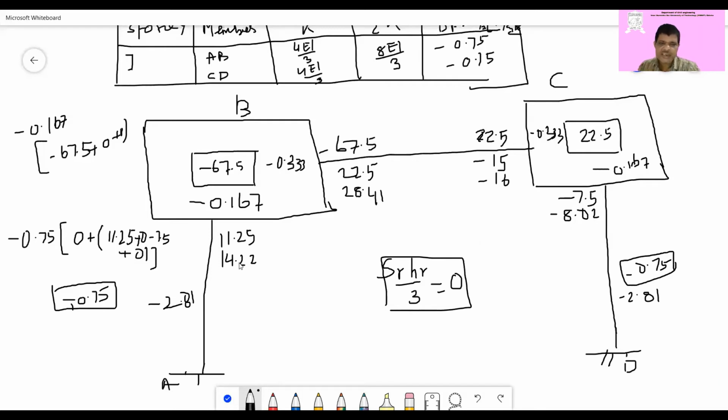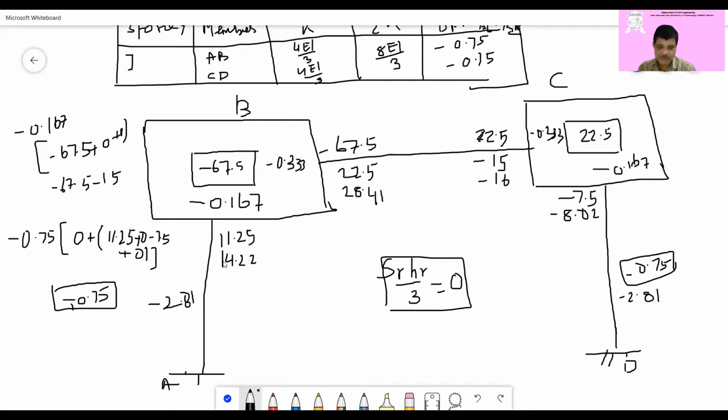Again, this is equal to minus 0.167 into minus 67.5 plus contribution from the far end. From the far end it is 0 here, from this end it is minus 15. So minus 67.5 minus 15, it now becomes minus 82.5. So when it is minus 82.5, you can find this value comes like this.